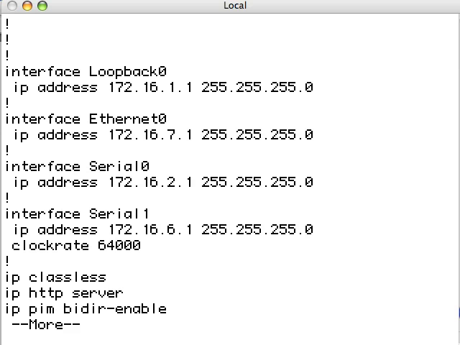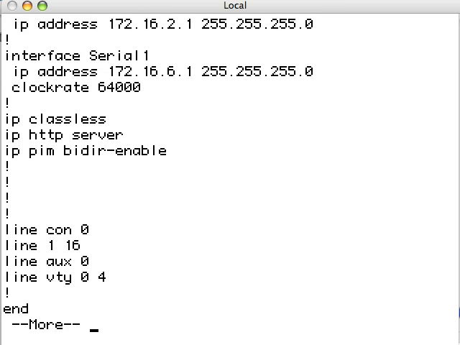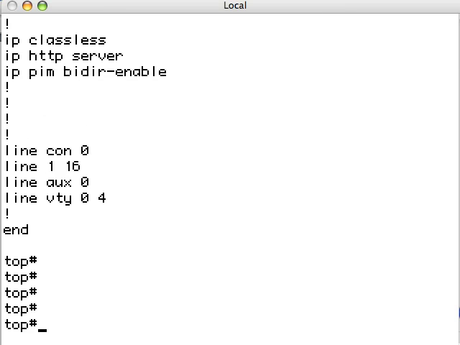Interface Ethernet 0, IP address 172.16.7.1/24. Interface serial 0, IP address 172.16.2.1/24. And interface serial 1, IP address 172.16.6.1/24. That's a DCE interface, so I set a clock rate of 64,000 bits per second. And that's it. The rest of the config is default.